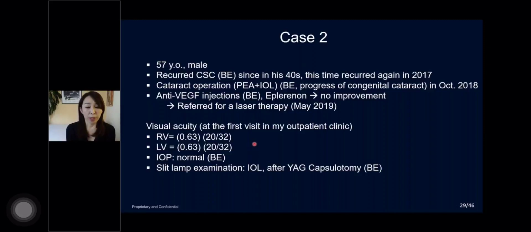Independent of this, he got anti-VEGF and eplerenone for his CSC, but finally no improvement, and therefore he came for laser therapy. Visual acuity at the first visit to my clinic was 20/32 in both eyes. Otherwise, no particular findings, except the intraocular lens and YAG capsulotomy.